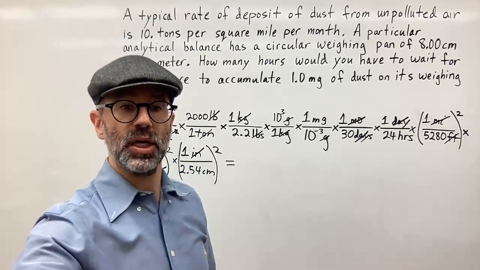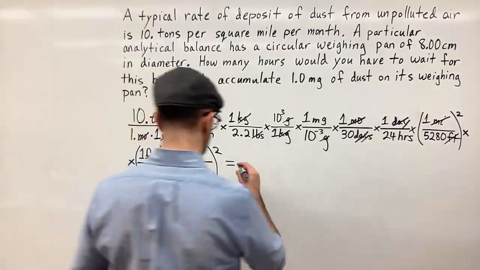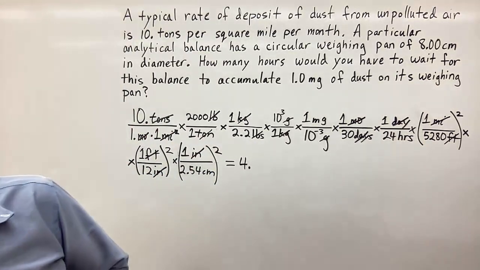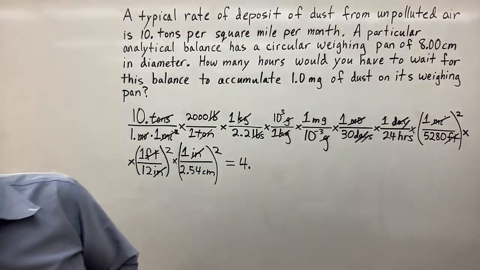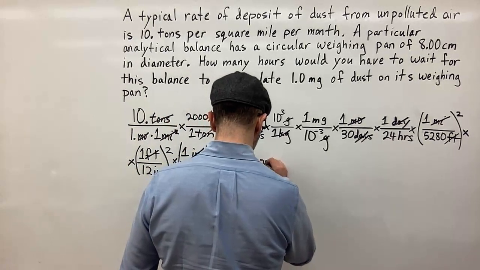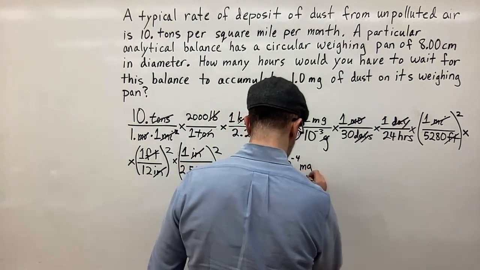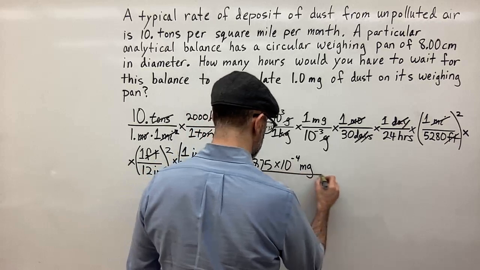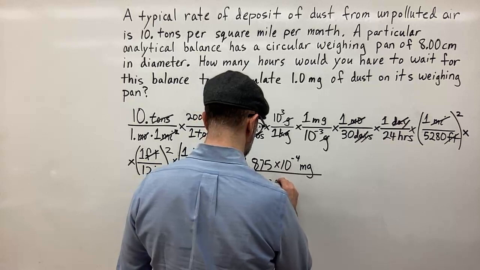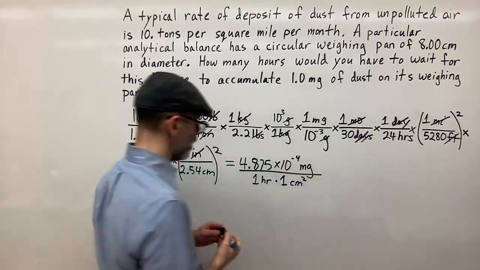And that is going to be, when I look it up, 4.875. Let me check that again. 4.875 times 10 to the negative 4 milligrams of dust per 1 hour per 1 centimeter squared.